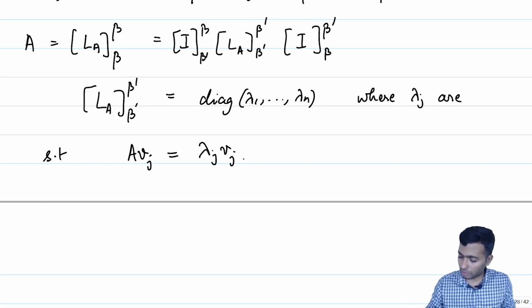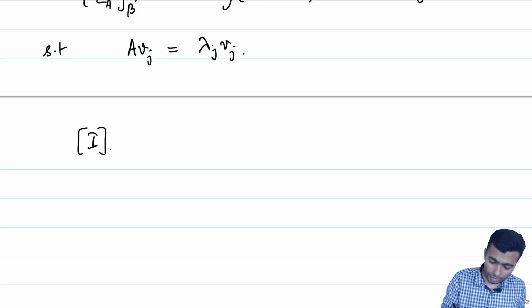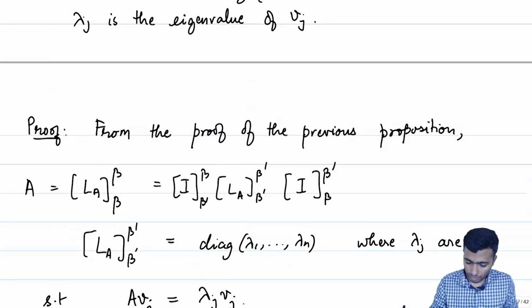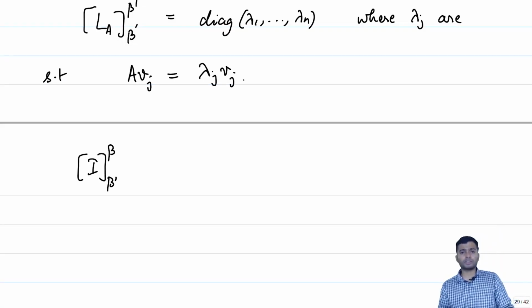And what remains is to check what is I beta prime beta. This is the change of basis matrix from beta prime to beta. So, what will be the jth column of this matrix?